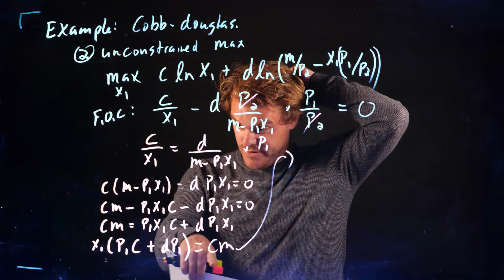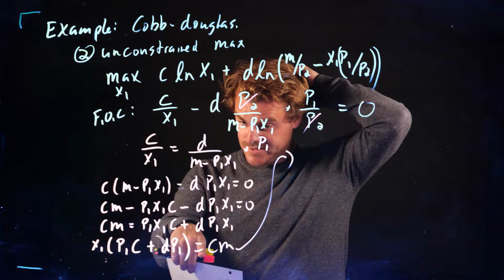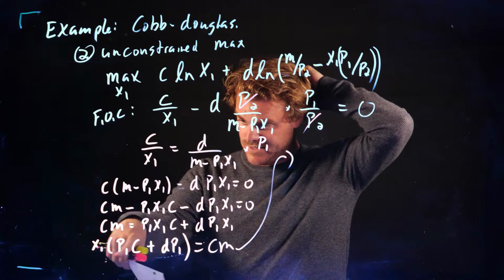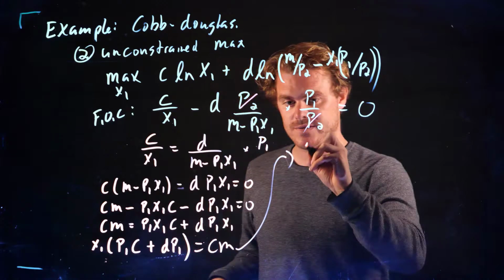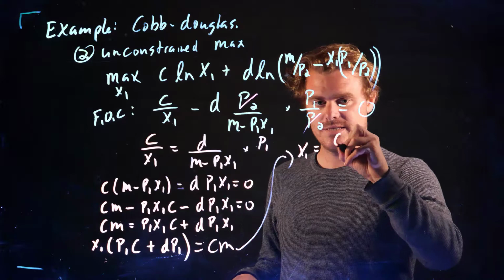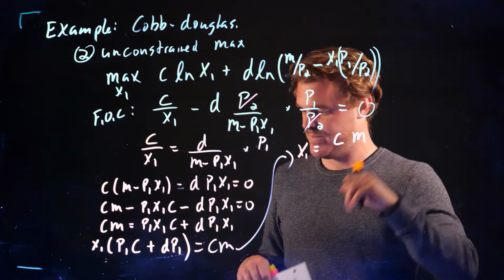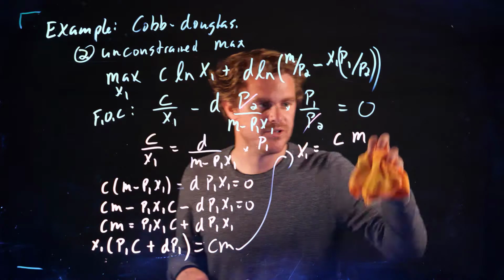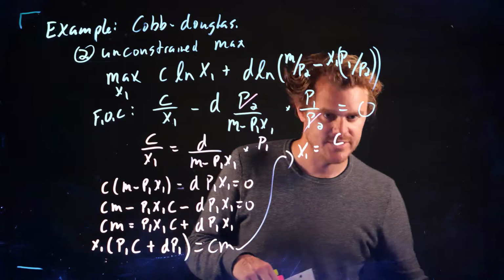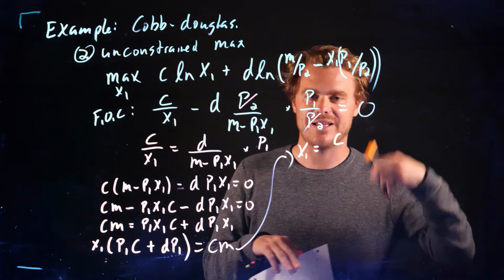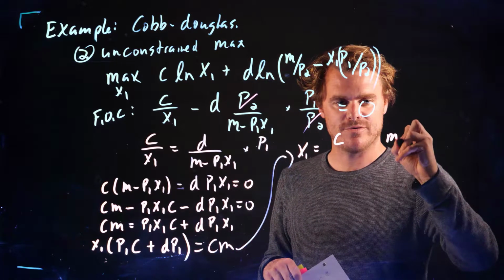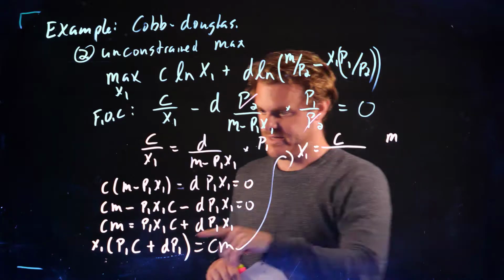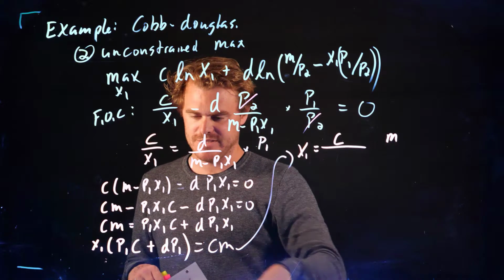And then I'm going to divide both sides by that second term, x1 times, I'm just solving for x1. So x1 equals c times m. I'm going to write it in a particular way so it's something we're familiar with, because we're going to get the same thing as before. I have c and then put m over here. We're dividing both sides by that.